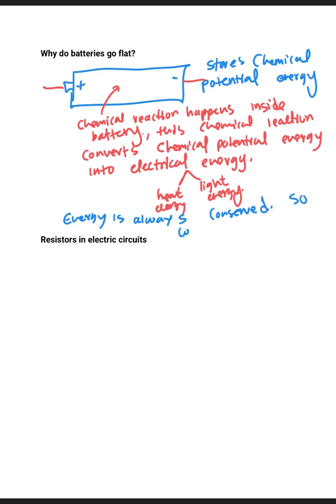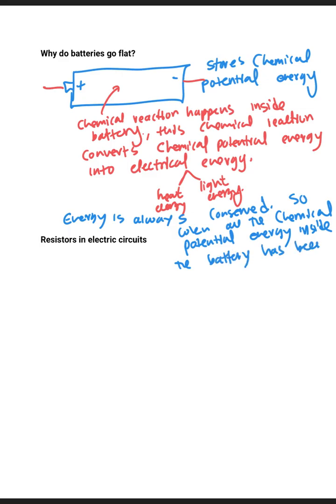So when all the chemical potential energy inside the battery has been converted to other forms of energy, then a battery goes flat.